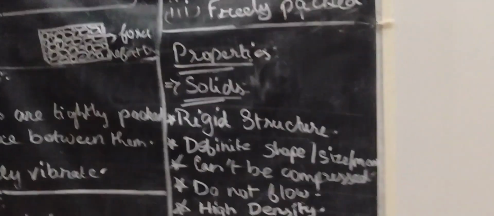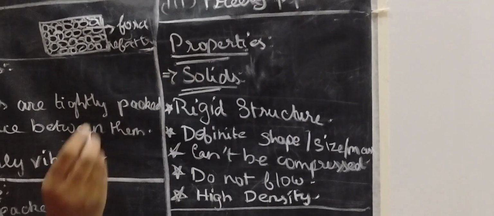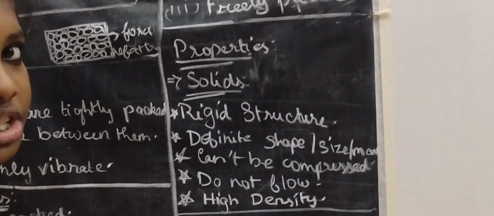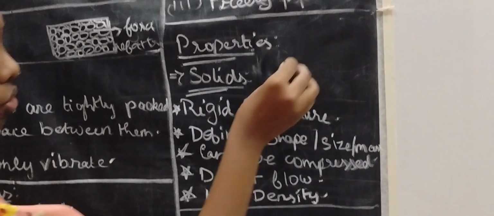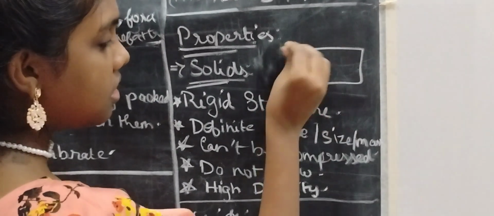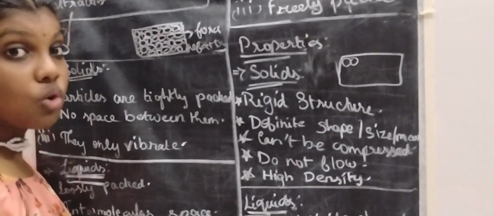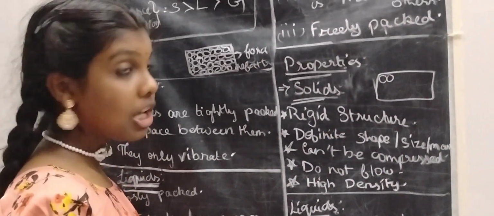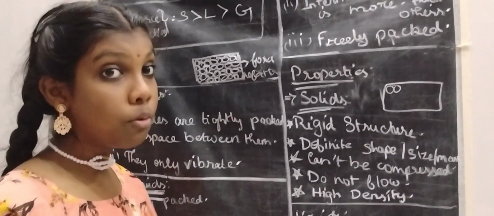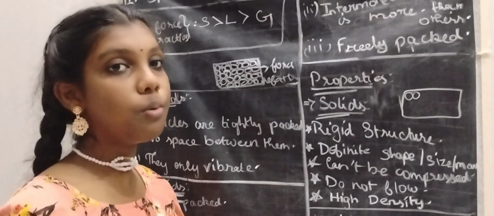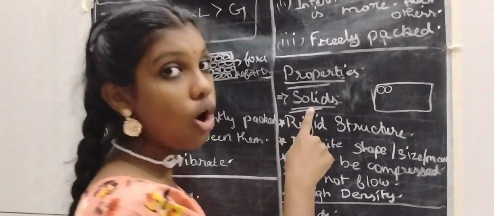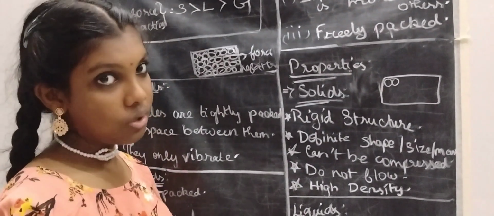Now if you see solids, these solids have a rigid structure. They are thick, rigid substances which can be broken. Liquids and gases cannot be broken, but solids can be broken.